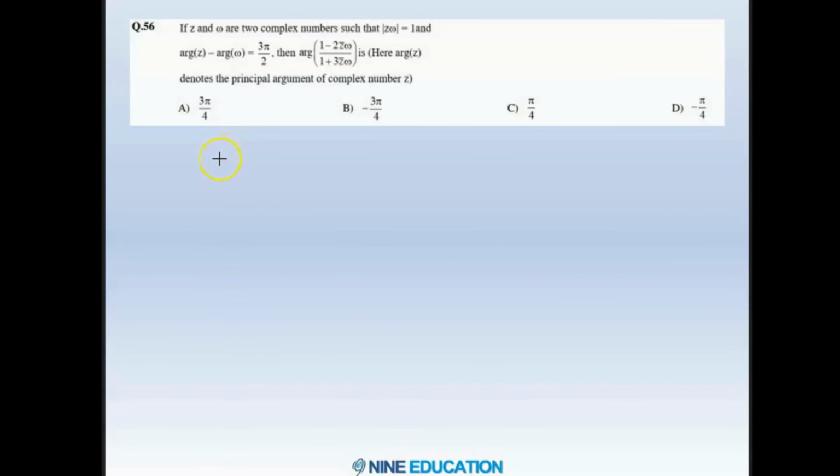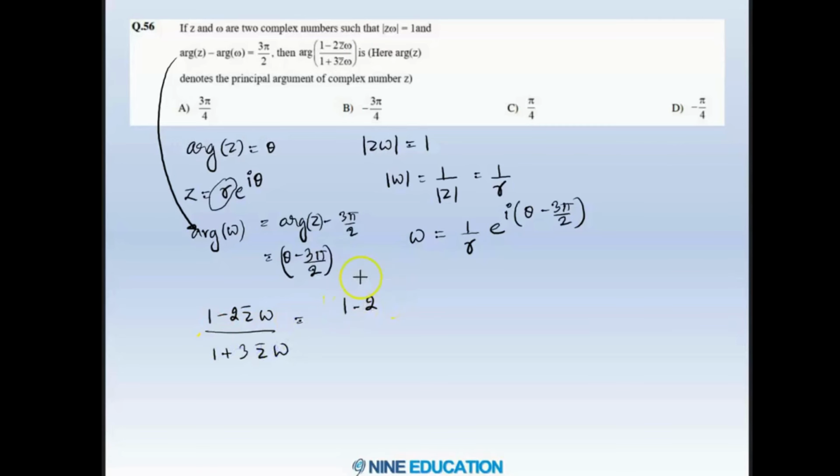Now let's try to calculate the given complex number, 1 minus 2 z bar omega by 1 plus 3 z bar omega. It is 1 minus 2 times z bar, which will become r e power minus i theta, and for omega we have 1 by r e power i theta.